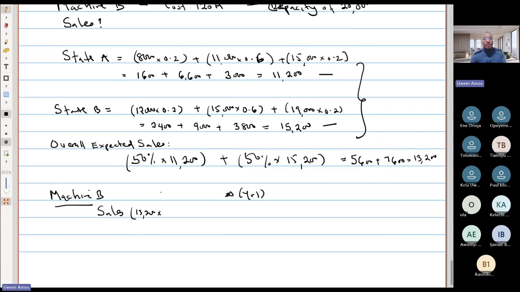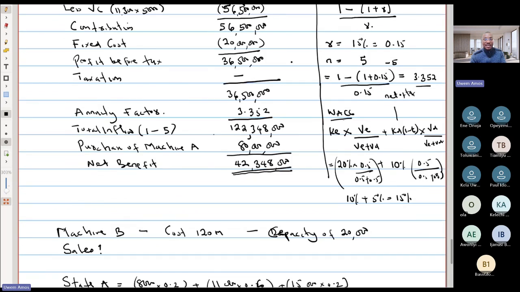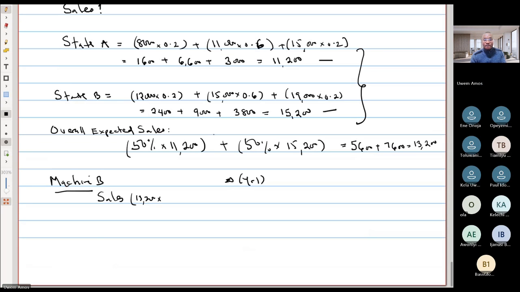Our sales price per unit is 10,000, the same thing, it doesn't change. So multiply by 10,000, which gives us 132 million. Less our variable cost, which is the same: 13.2 multiplied by 5,000.